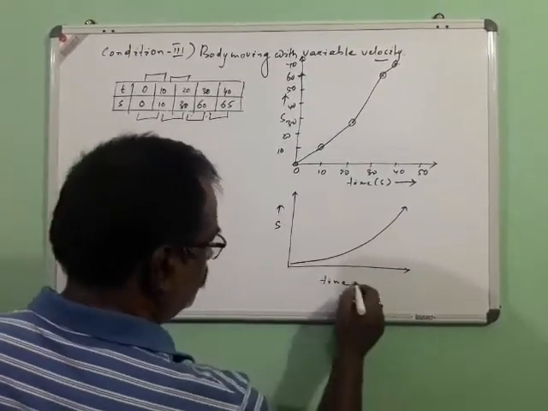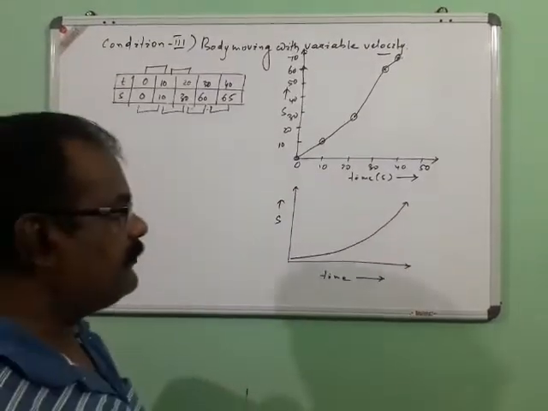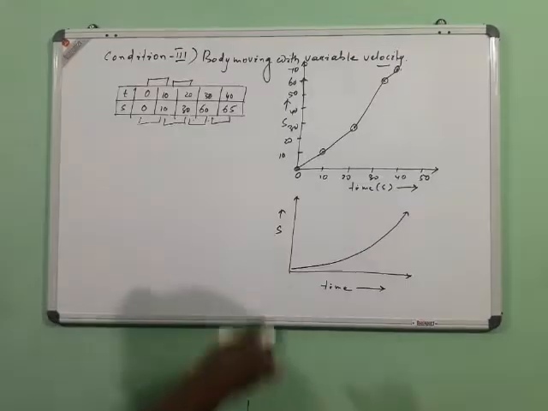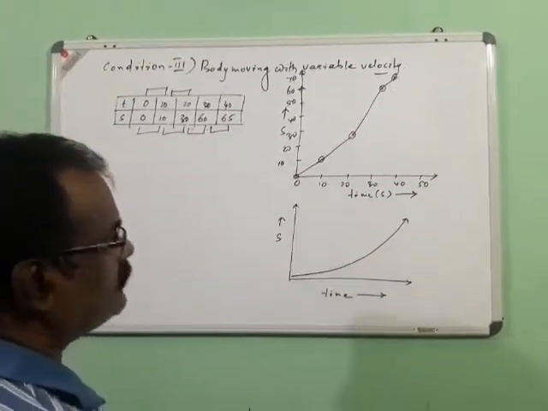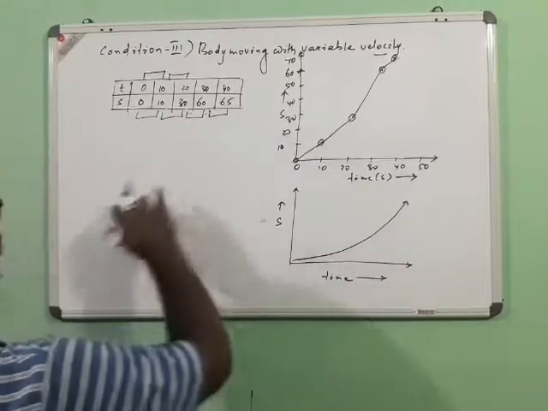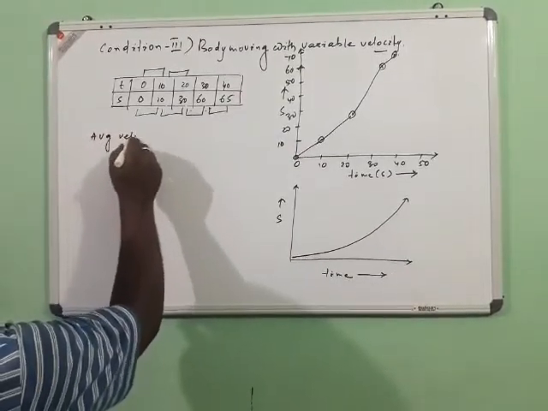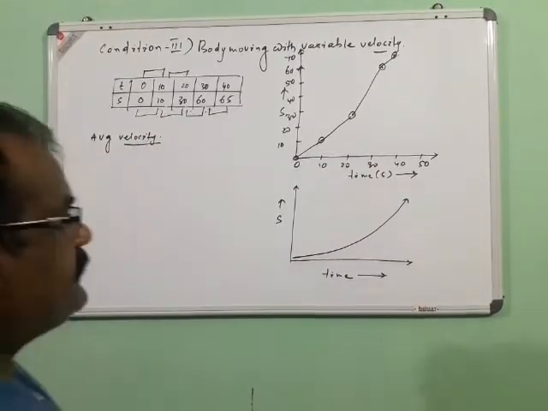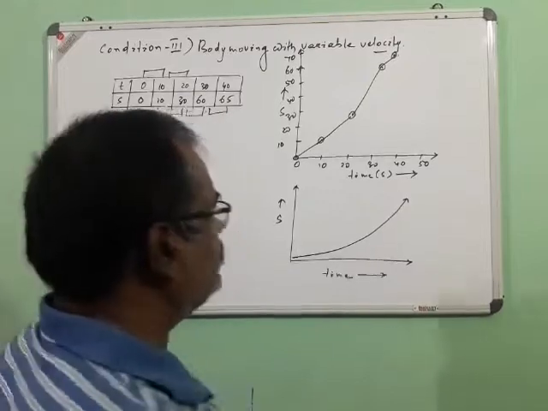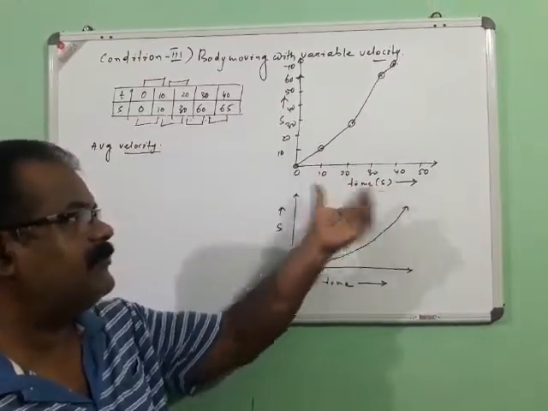As you know, the slope of the graph indicates the velocity. Since this is moving with non-uniform velocity, we can find the average velocity. By the known formula, the average velocity is the total displacement divided by the total time.